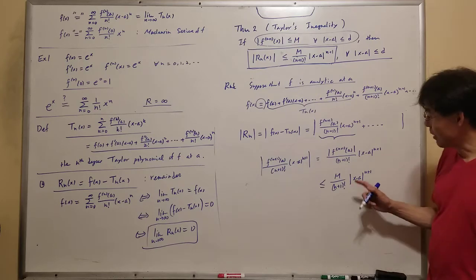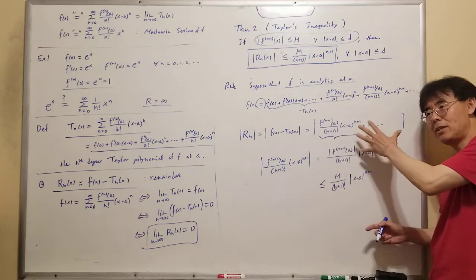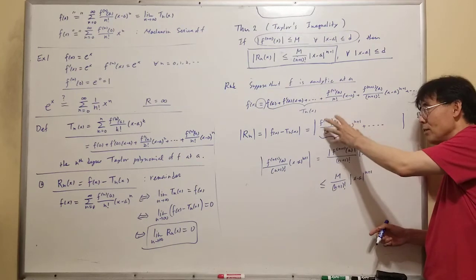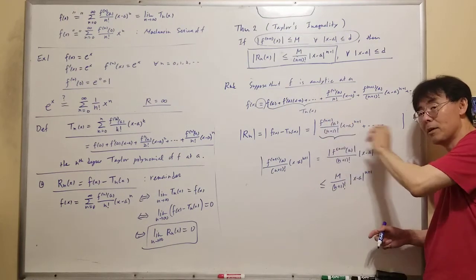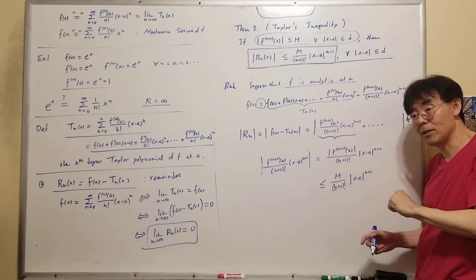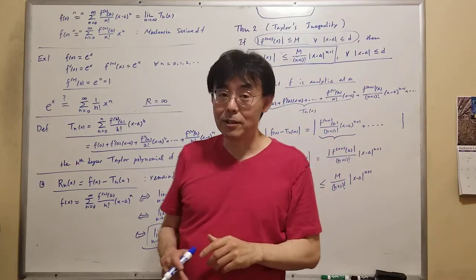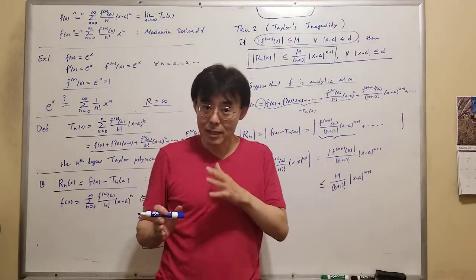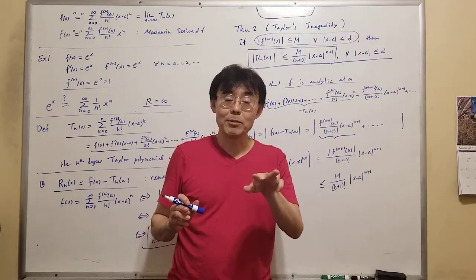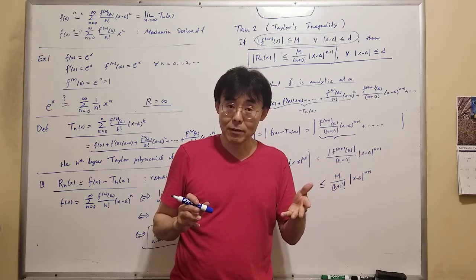You have seen something similar to this. The size of the entire remainder is less than or equal to the size of the first one among them, the very first one discarded in the approximation. That was the alternating series estimation theorem, right? If you have an alternating series where the absolute value of b_n is decreasing and converges to 0, then it is convergent.